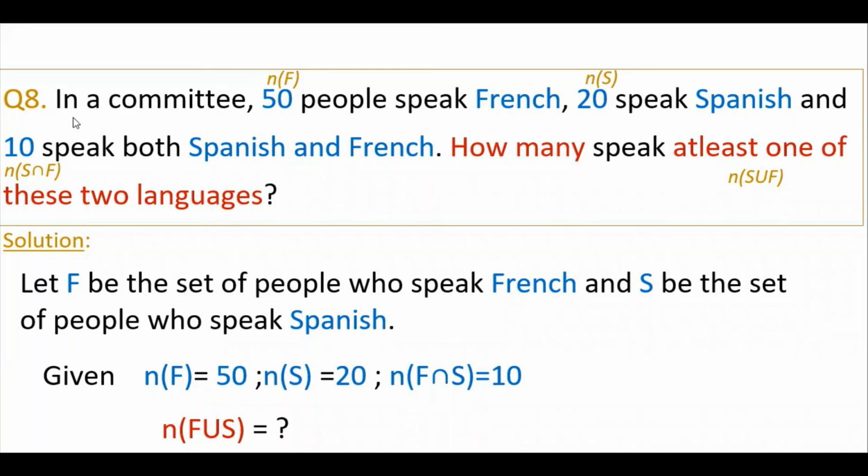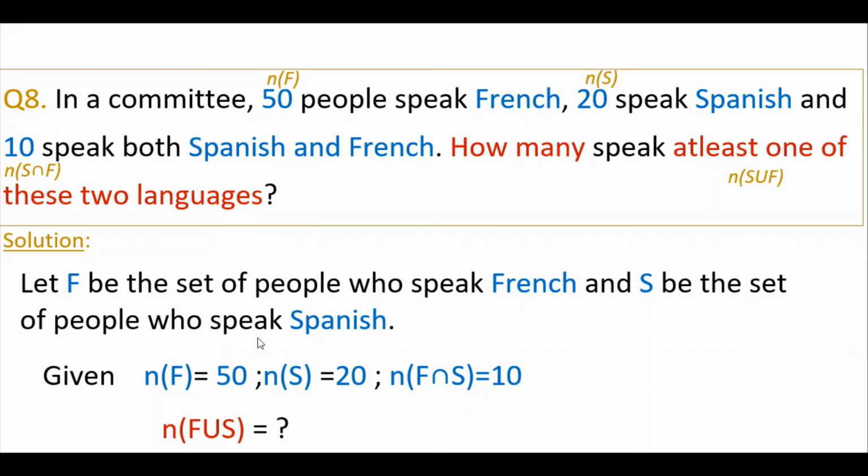This is a problem. In a committee, 50 people speak French, 20 speak Spanish, and 10 speak both Spanish and French. How many speak at least one of these two languages? So here let F be the set of people who speak French. Those are 50. So N of F is equal to 50.